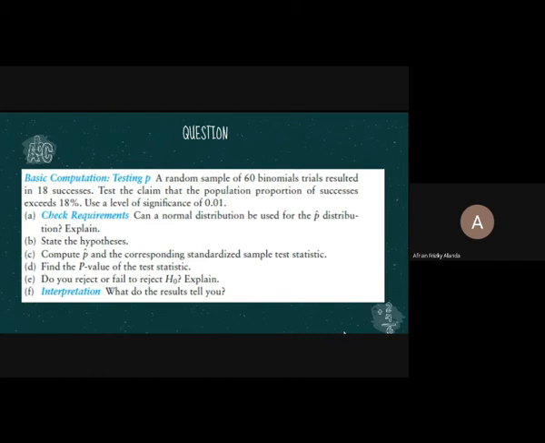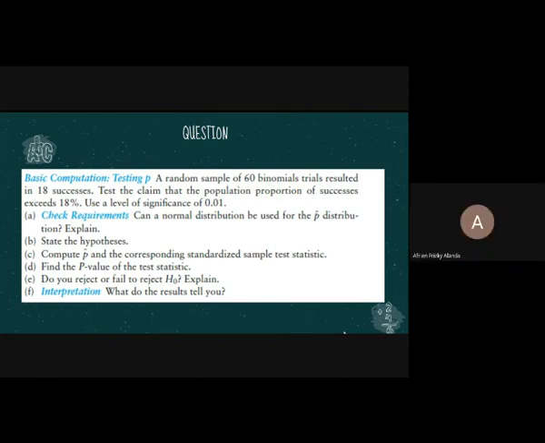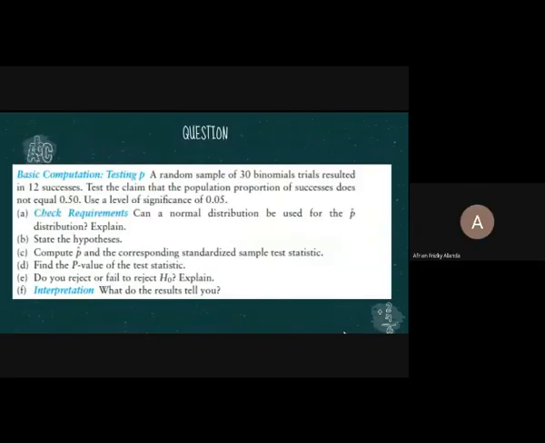In number A, we know that the number of trial is... Please review the slide.